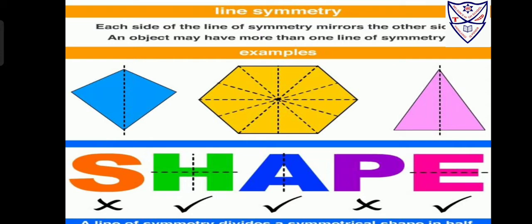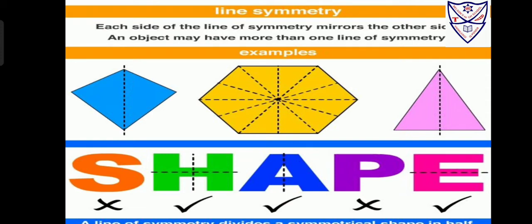H you can divide in the vertical manner and also in the horizontal manner. Then we have the A alphabet, we can do it vertically. Then P is not possible because it cannot be divided into two equal halves. Then E can be done with a horizontal symmetry line.